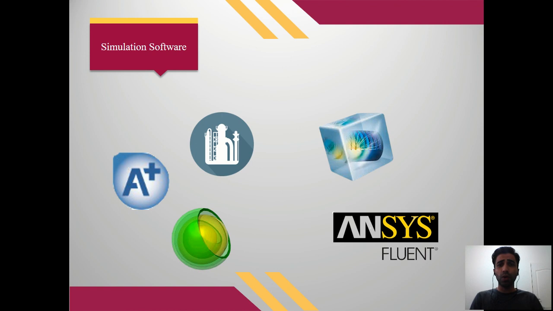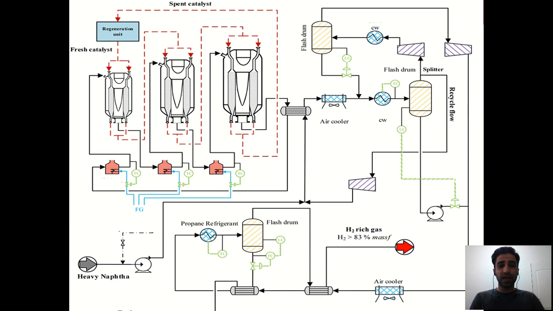The question is why we need to put our own developed model inside even a sophisticated simulation software such as Aspen Plus. This is a sample. This is the simulation of a whole process which we can do inside Aspen Plus.